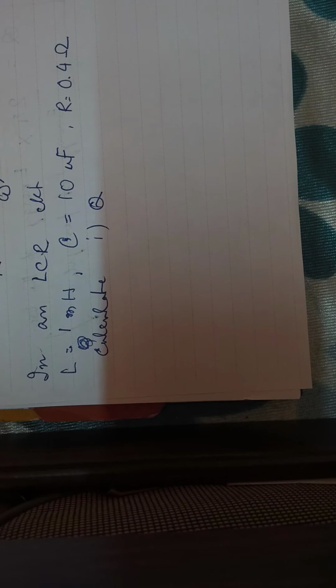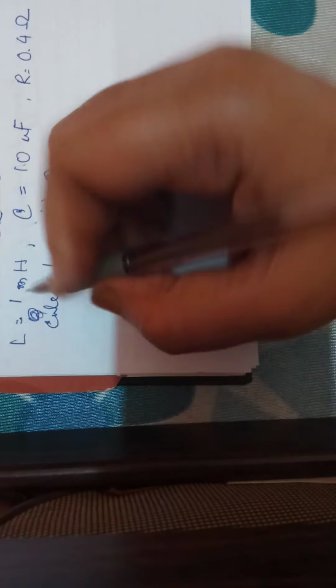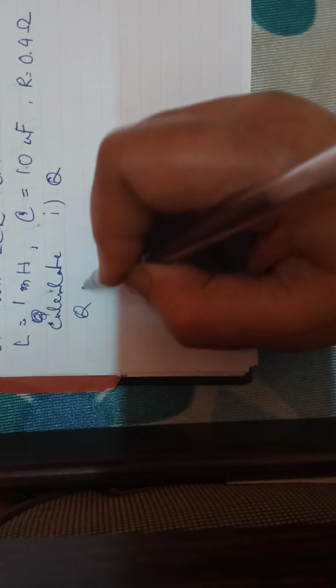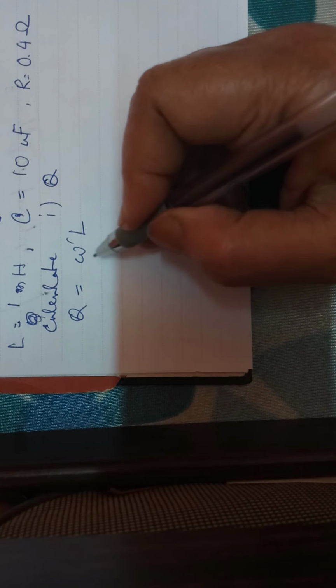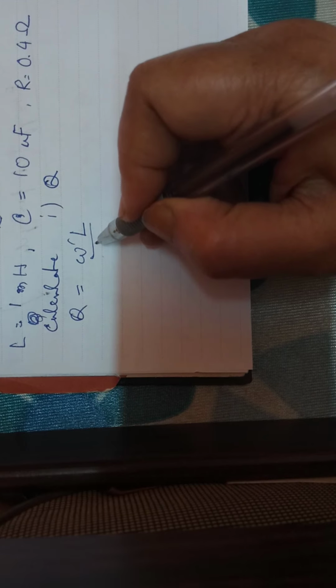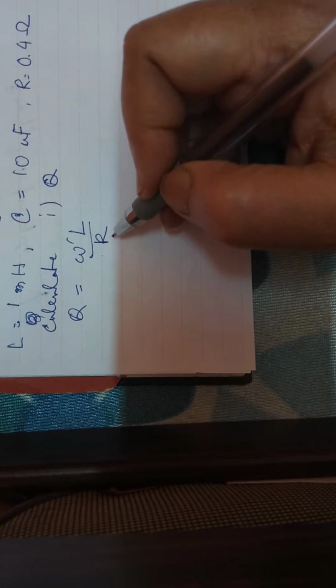What formula will you use over here? What is your formula for Q? These are very important, you remember the formulas, if not the deductions, at least the formulas for your problems, okay?